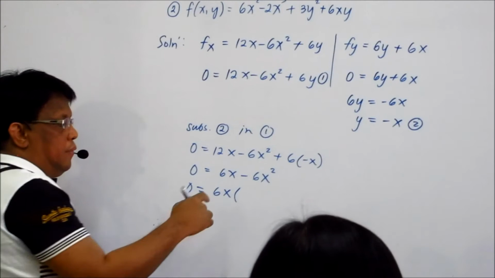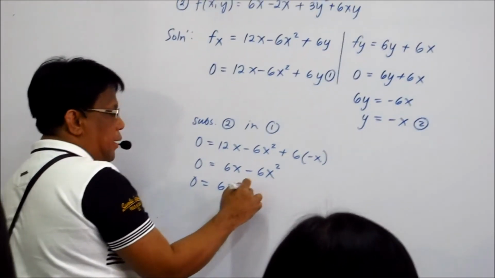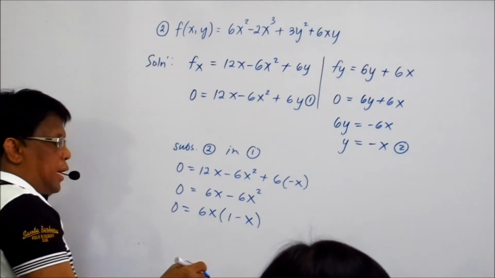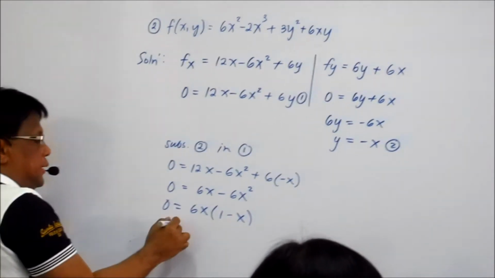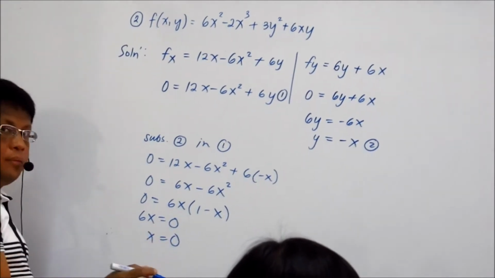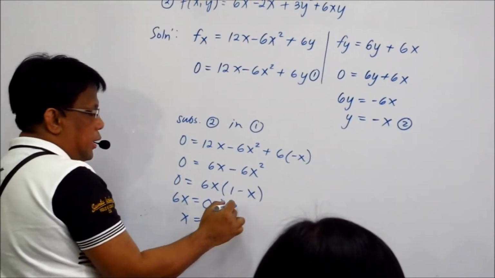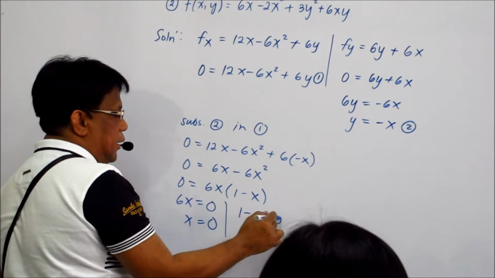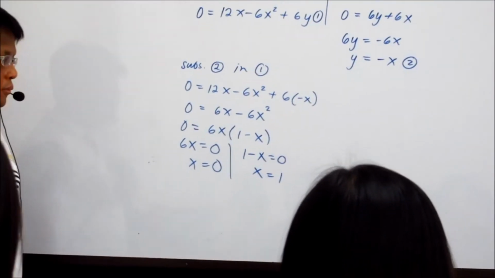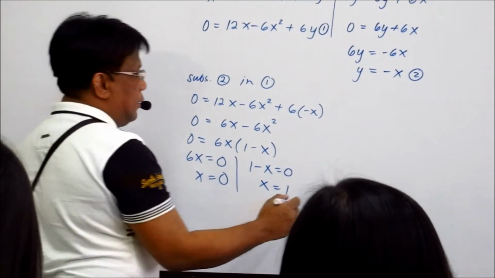So this will now give you, the second factor will be 1 minus x. Then equate each factor to 0. Then solve now for x, so that is 0. The other factor is 1 minus x equals 0. So x equals 1.